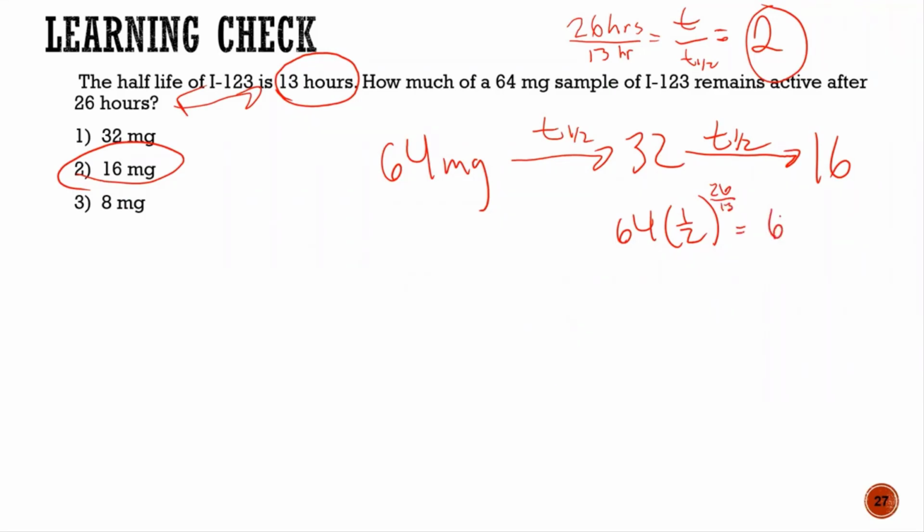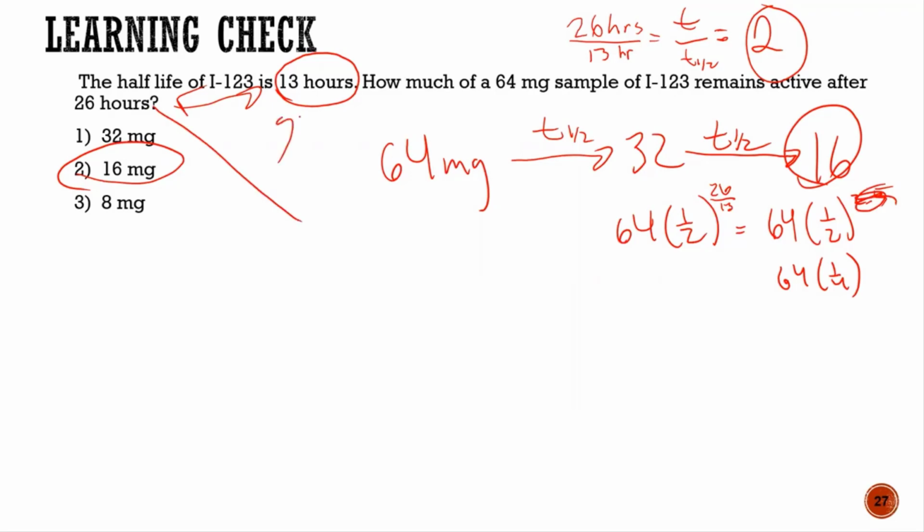So we would see that it's 64 times 1/2 to the second, which is 64 times 1/4, and 1/4 of that is 16. But if this was like a 2.5, let's say it was 35 hours, that's not a perfect integer. By doing it this way, we can still use our calculators.